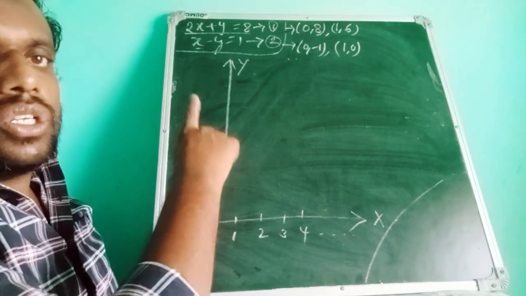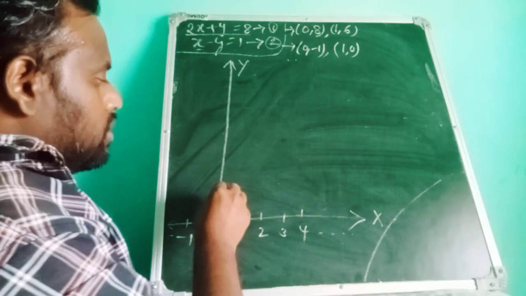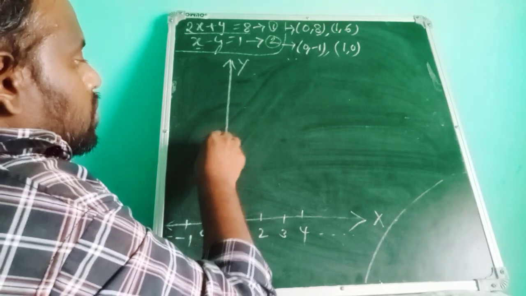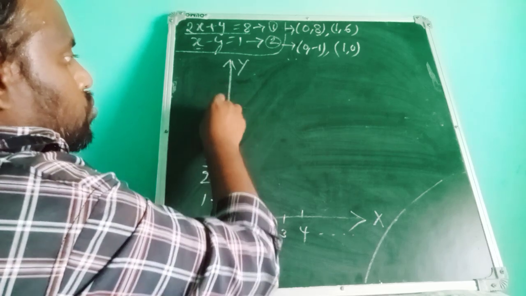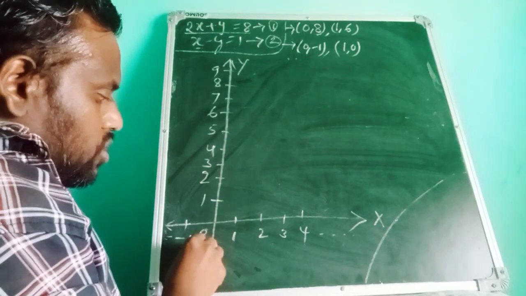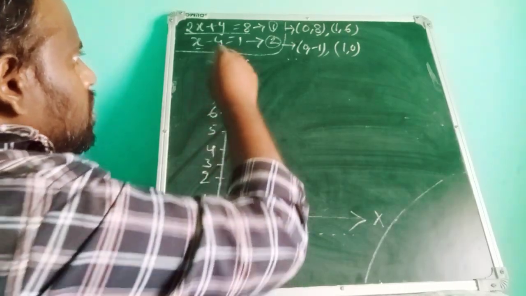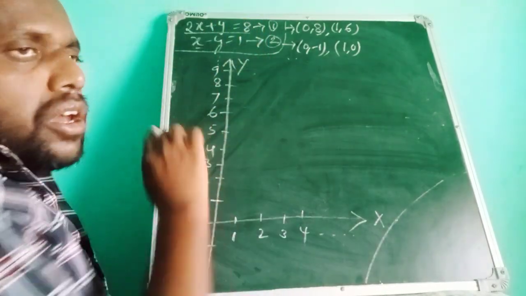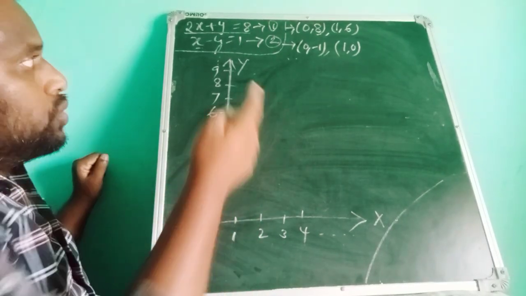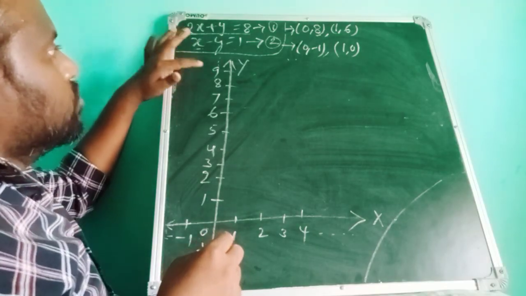Next here 1 2 3 4, y values 6 7 8 9, and this side -1 -2 like that. Numbers will continue till minus infinity and plus infinity. To draw this graph, till 9 is enough. We don't want many numbers, so I just stopped here.